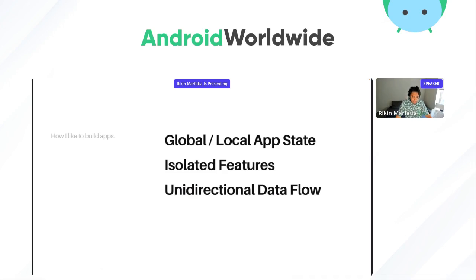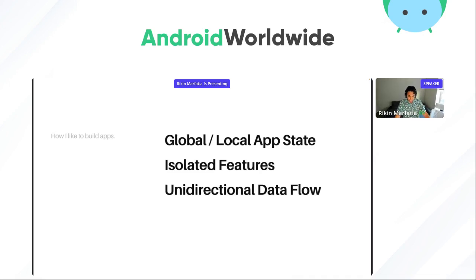So I guess let's ground this conversation with how I typically like to model my application from a state management perspective. I've been a big fan of having a global representation of the entire application state, and allowing each feature to pluck out a slice of that global state that it needs.